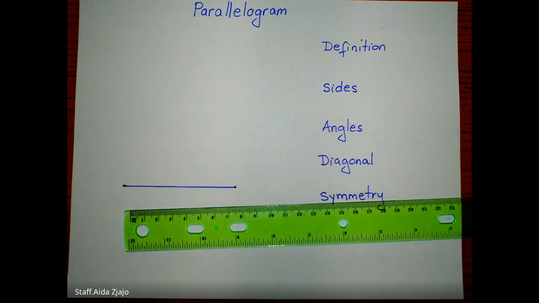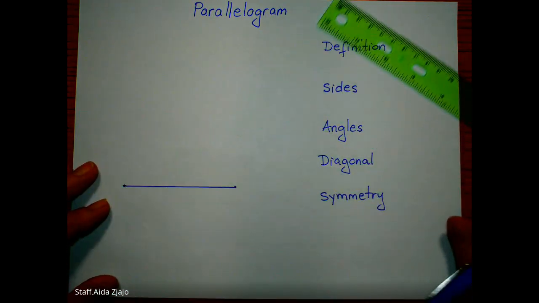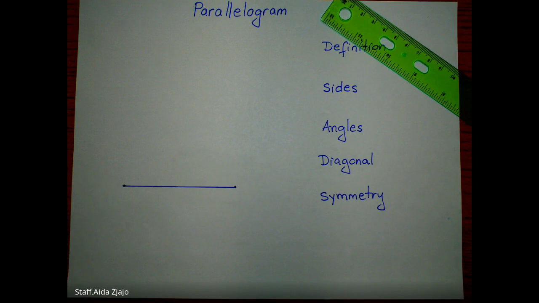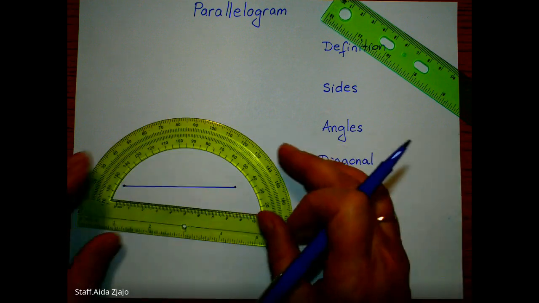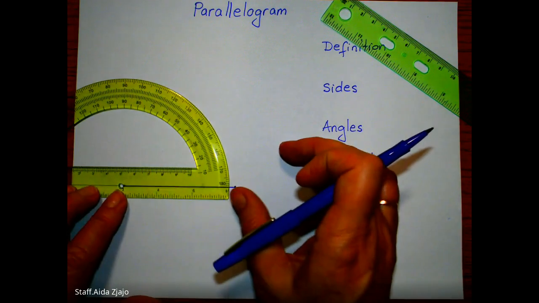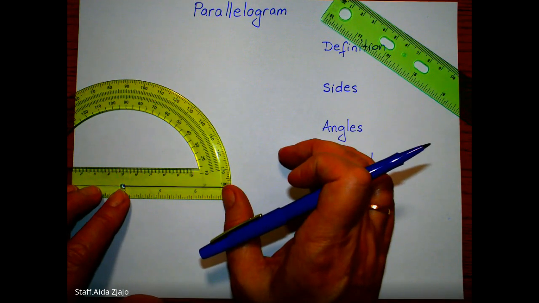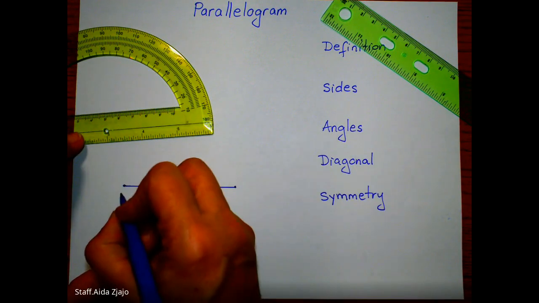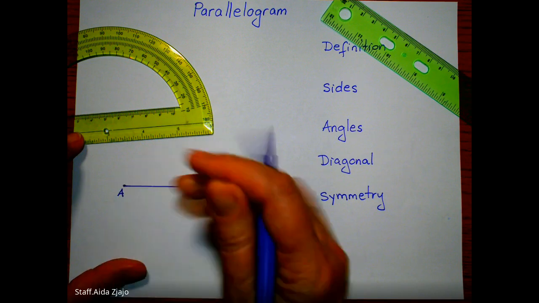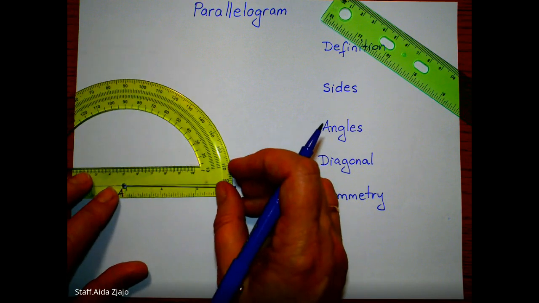Also, a parallelogram has two pairs of congruent angles, and for now I'm going to create angle A to be 60 degrees.